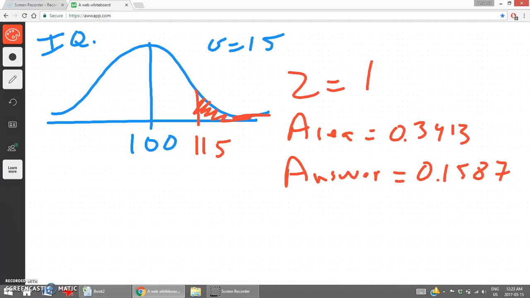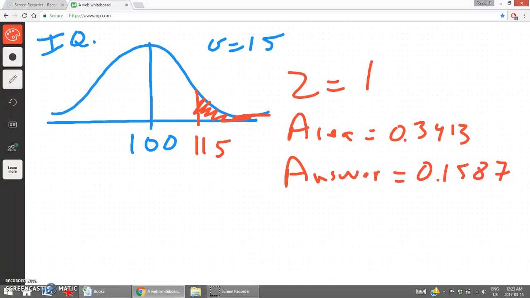So we take a sample of 100 people. What's the probability that that sample has an IQ greater than a certain value? A couple things we need to understand when we take samples is the sampling distribution of various sample means.